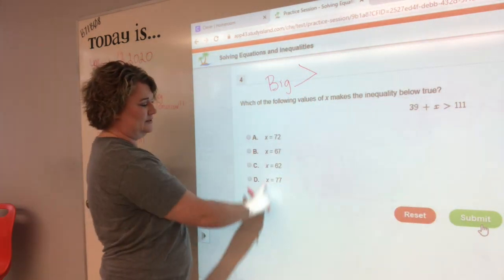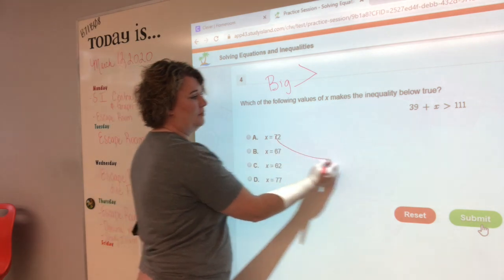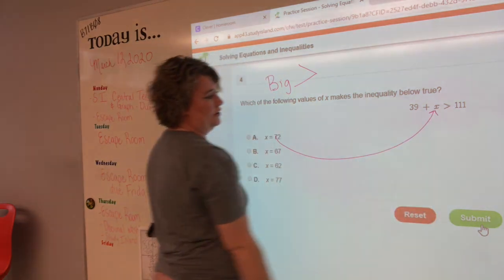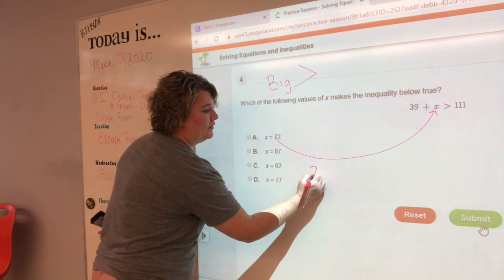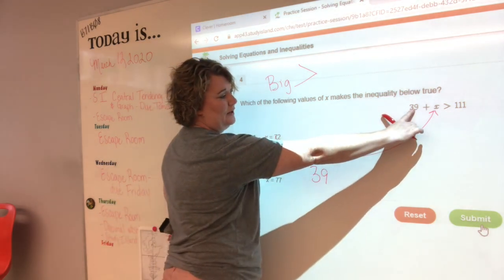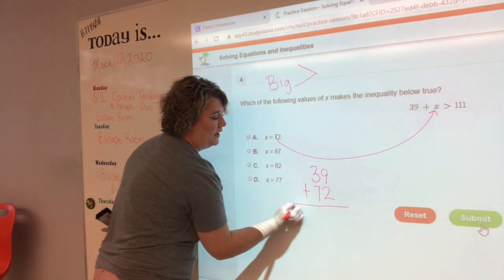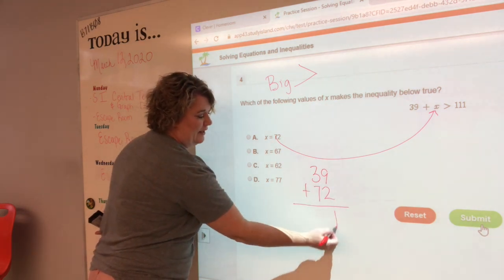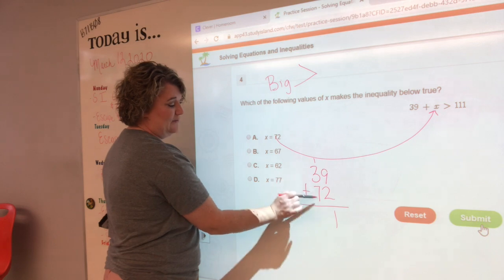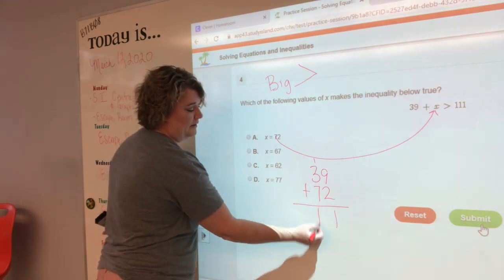So here's our x's again, and we're literally just going to plug this x right in here for that x. So that would be 39, here's where I'm getting the 39, plus 72, here's where I'm getting that 72. And 9 and 2 is 11, carry a 1. And 7 and 3 would make 10, and 1 more would be 11.